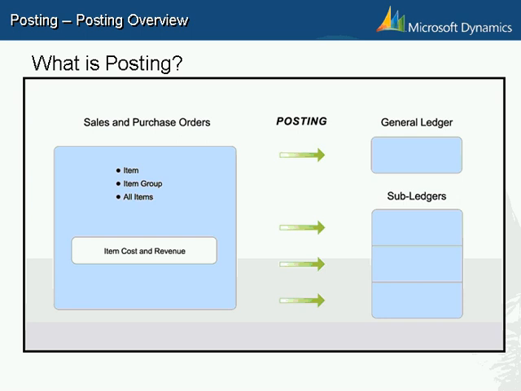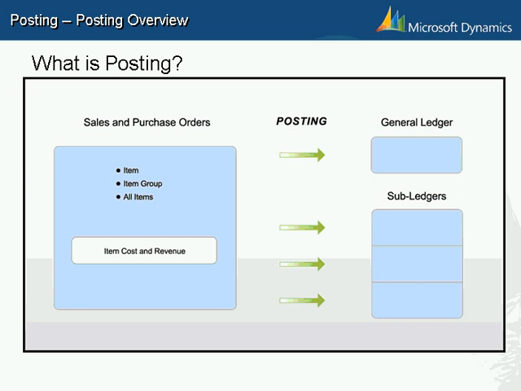What is posting? When you post an order in Microsoft Dynamics AX4, you update the order according to the stage it has reached in the order cycle. This stage includes the following: confirmation order details, receiving shipping items, invoices, and then you post a packing slip, invoice, or other documents.